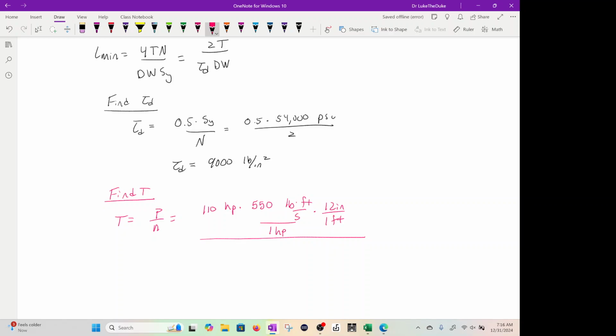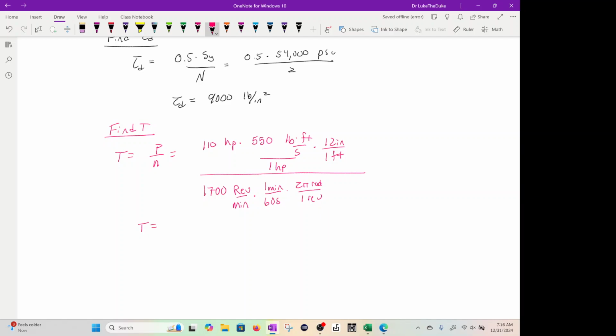I'm going to divide by the RPM, revolutions per minute. We need to convert that. 1 minute, 60 seconds, and there's 2 pi radians in 1 revolution. So the torque is 4,079 pound-inch. Okay, from this chain sprocket.